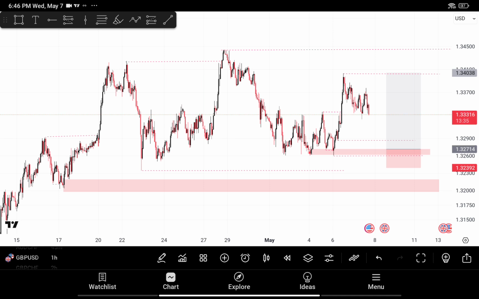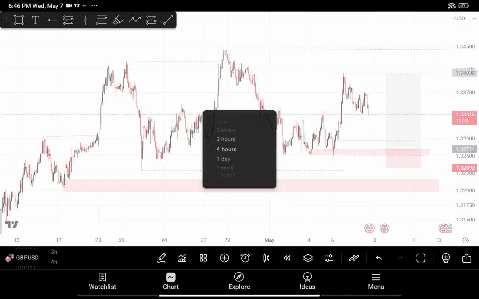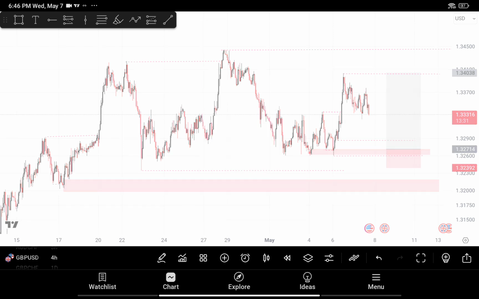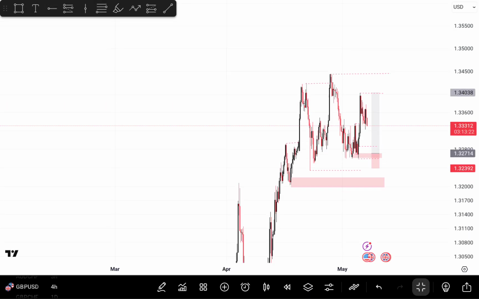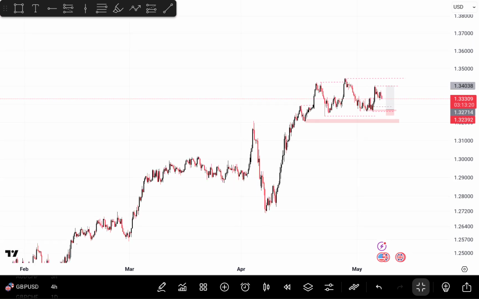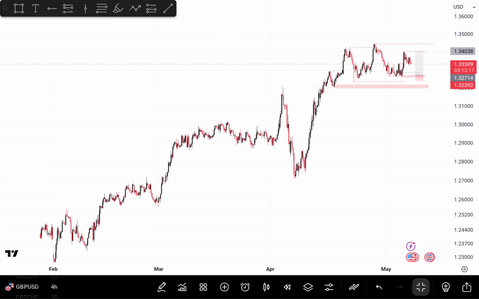Now let's get going. First of all, I told you, 4-hour time frame. What is this? This is a clear structure that the 4-hour time frame is bullish. And the trend is your friend.